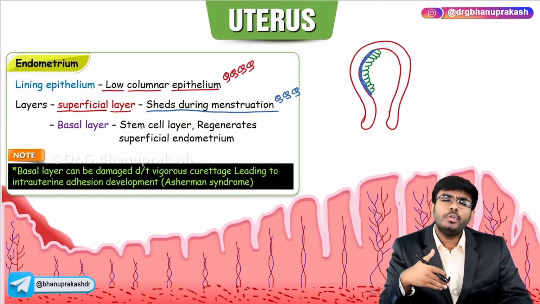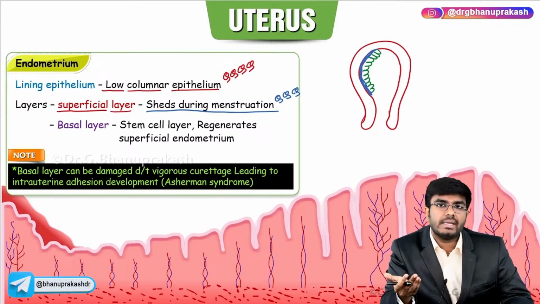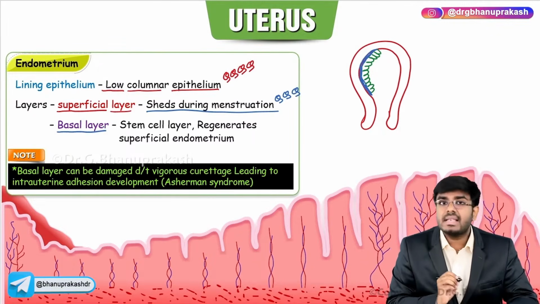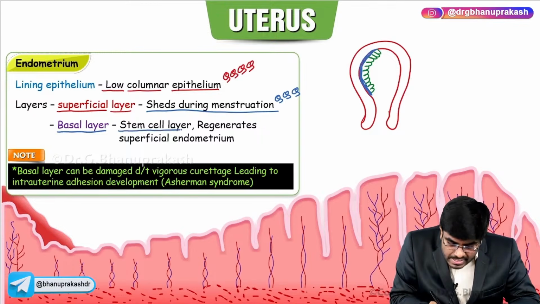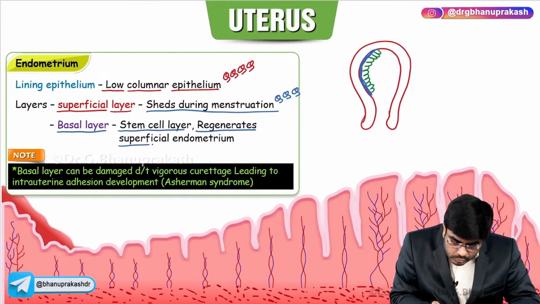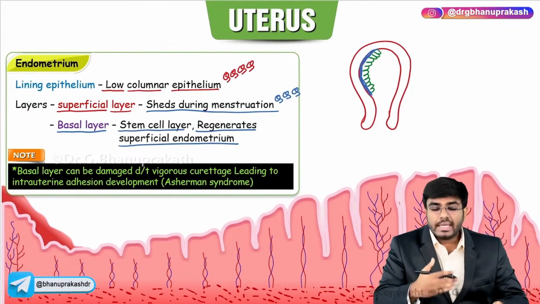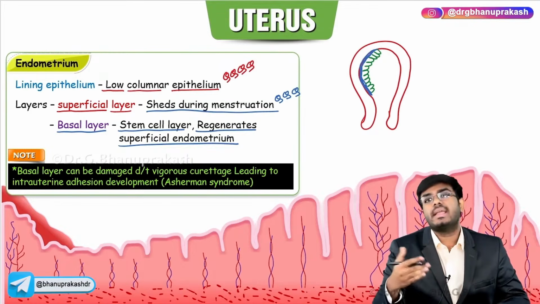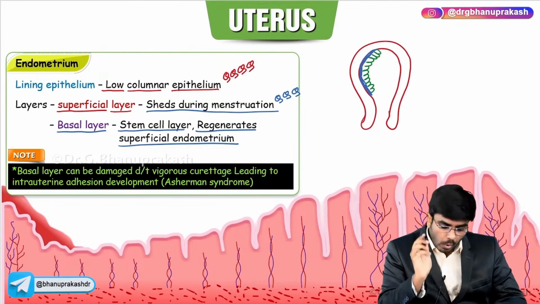Yes. So, who produces this superficial layer again? It is the basal layer. Very, very important: this basal layer acts as a stem cell layer. It will regenerate the superficial endometrium. So, the superficial endometrium is recreated and will shed out next month. So, two layers. What are they?